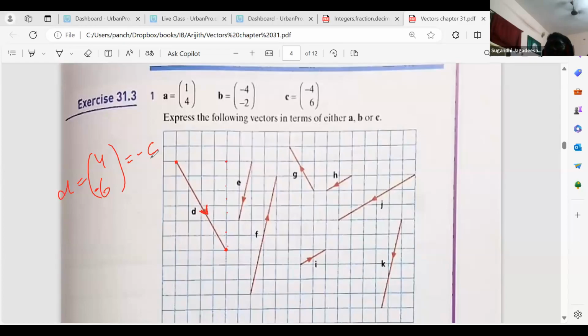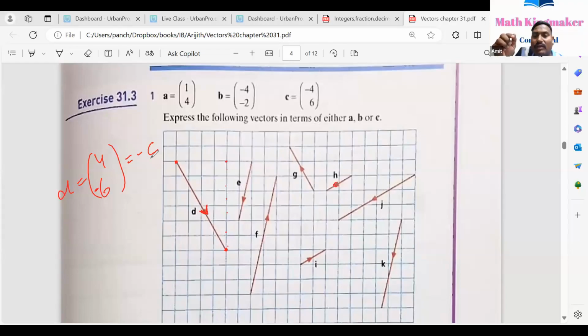Is it 2, 1? How is it 2, 1? Because the x-axis is 2 and the y-axis is 1. In which direction is it going? To the left side. Left side, that means what? Negative. So that means it will be -2, 1.